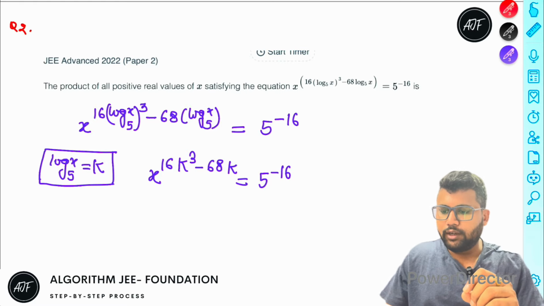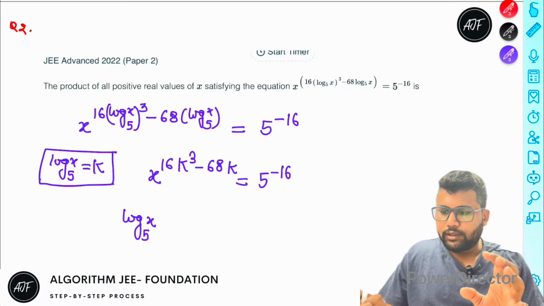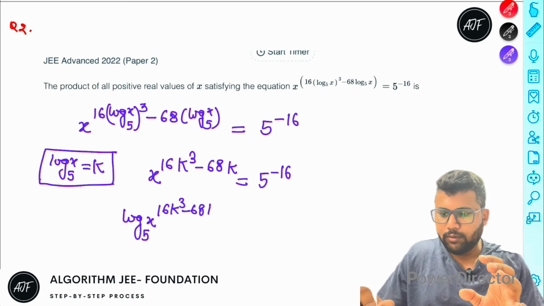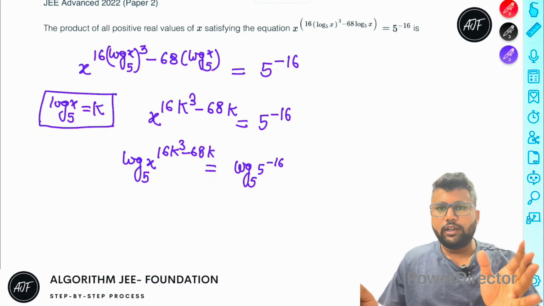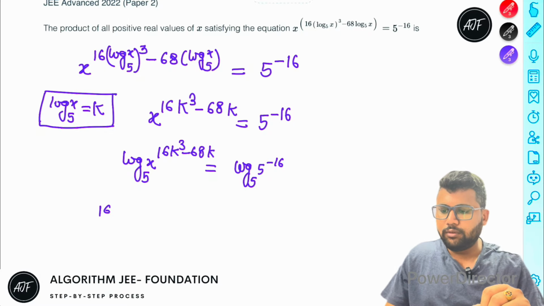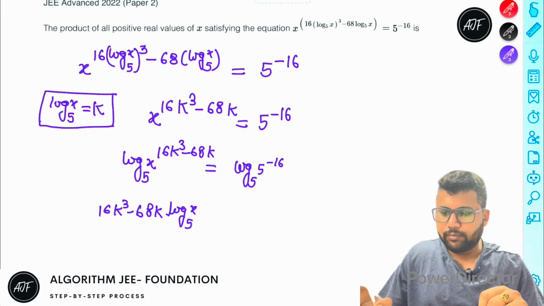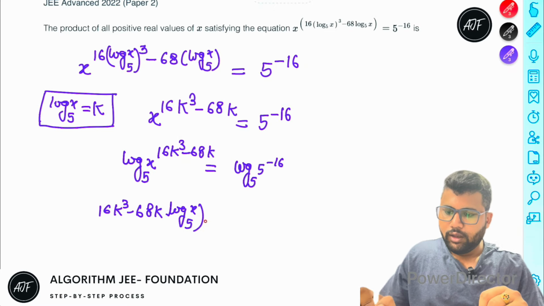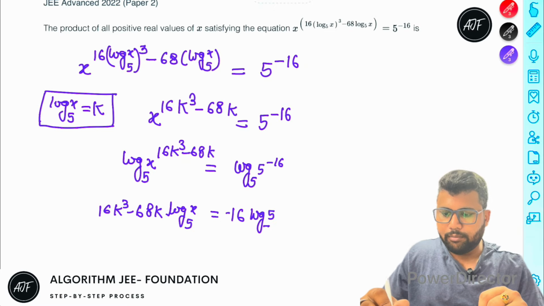If you take the log on both sides with 5 as the base, now we see that the powers are shifting, firstly 68k, and after that log of the same base 5 and base minus 16. After that the power shifts to the coefficient, so 16k cube minus 68k and the remaining log base 5 of 5, and the same in this one, minus 16 log base 5 of 5.